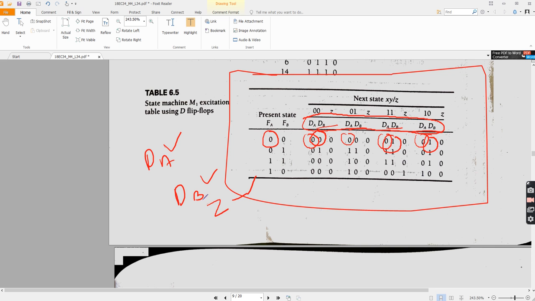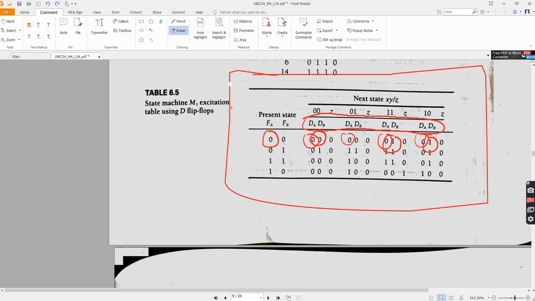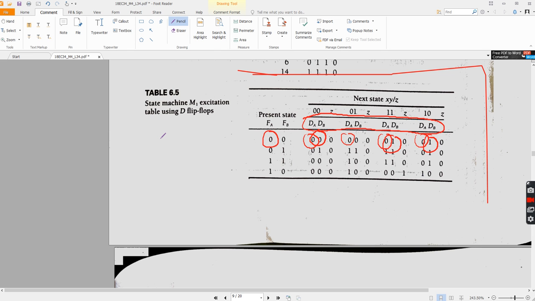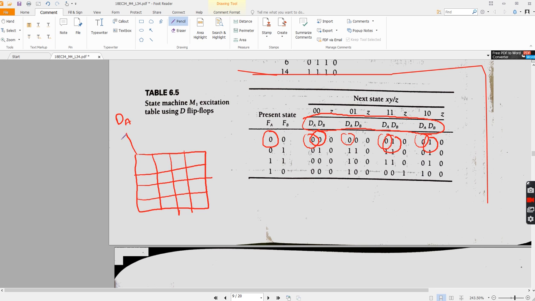Look here. Let me draw a K map here. We shall first solve for DA. Understanding?